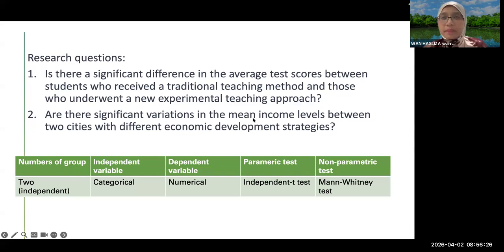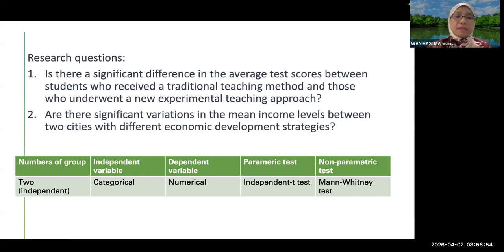When you get the word mean, that is numerical data, because you can find the mean, the average of the income. So this is the numerical output. And then you want to compare between two cities, city A and city B. So these two cities become the independent variable, which means that the income level is dependent.